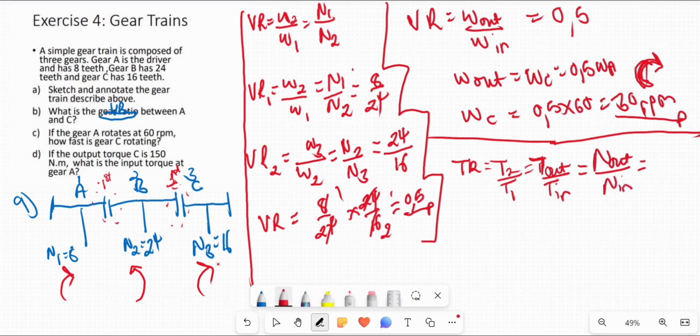In that situation where we have only two gears, like for the first two gears, the torque ratio is just simply N2 over N1. What do you realize? The torque ratio is the inverse of the velocity ratio. In other words, the torque ratio is 1 over the velocity ratio.